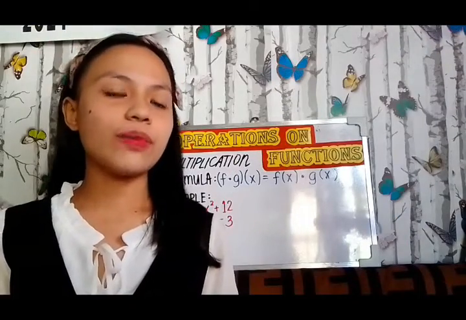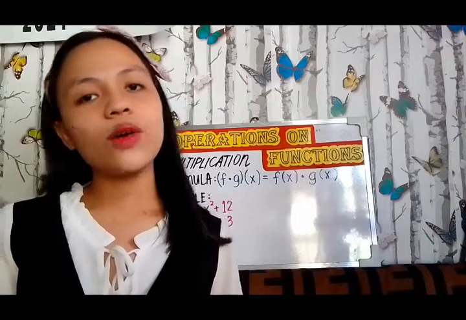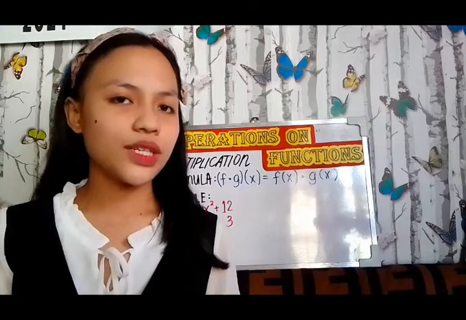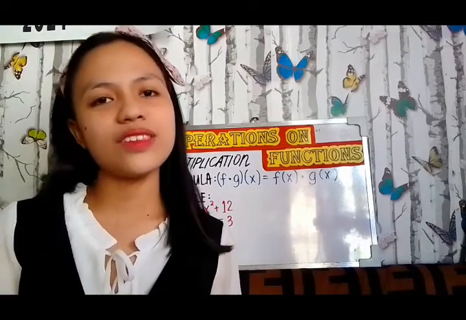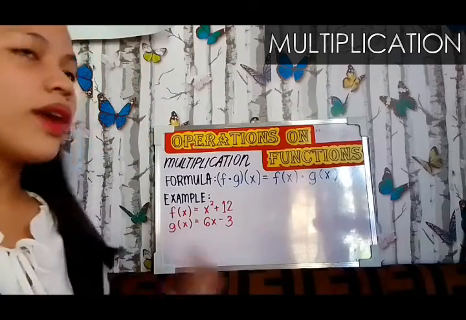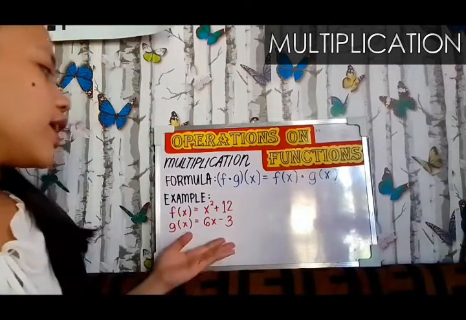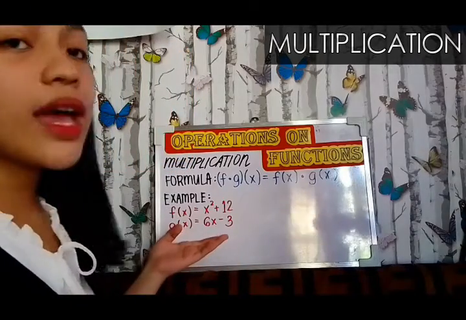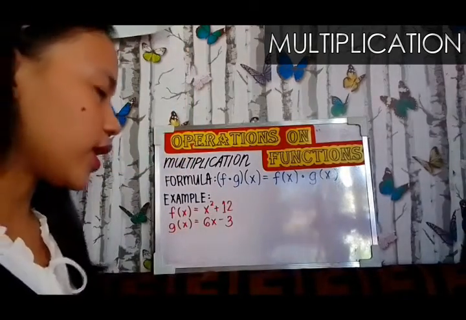Although we have five operations on functions, we can only discuss three of them: addition, subtraction, and finally, multiplication. Our examples are f(x) equal to x squared plus 12, and g(x) equal to 6x minus 3.